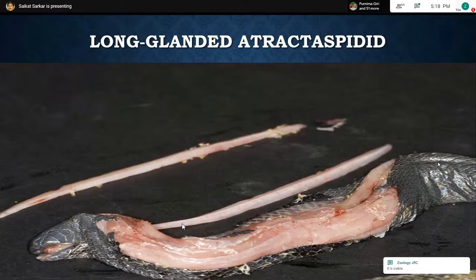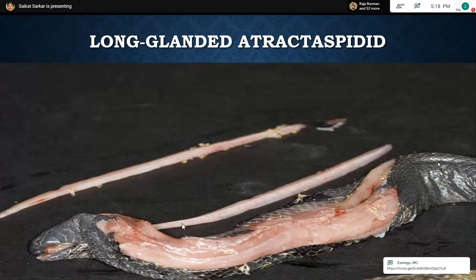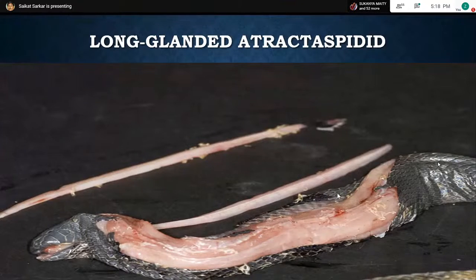These also have another record in their name: they have very long venom glands, and that's why they are also called long-glanded Atractospirids. Not all the Atractospirids have these long glands, but at least two or three species do, and you can see these two are the venom glands. Just imagine how much venom they can store in there.